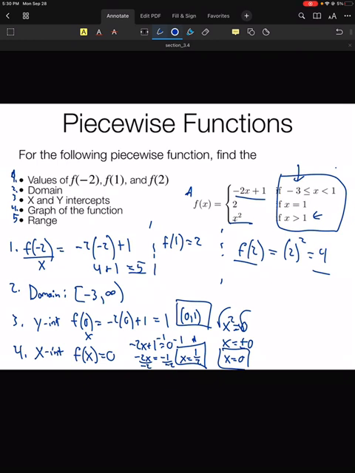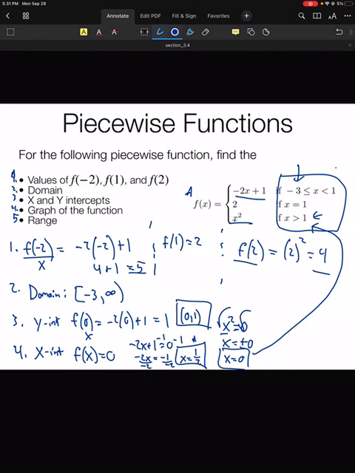But again, we must be conscious of the domain on which this was defined, specifically the domain on which x squared was defined. Because x squared up here was only defined for when x was greater than 1. Down here I'm saying the x-intercepts happen when x is 0, but x squared is only defined for x greater than 1.